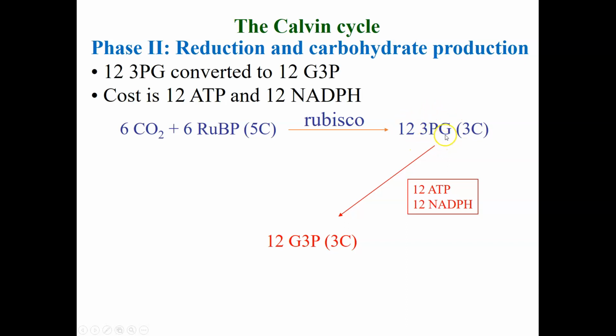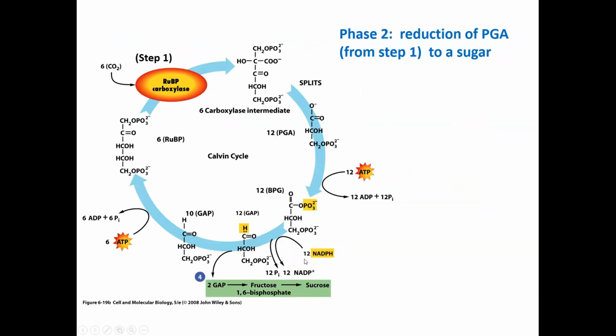These 3-carbon molecules, the phosphoglycerate, is just going to get rearranged, and we're going to be able to also add some hydrogens onto this molecule, taking those electrons from NADPH, which we made earlier in the thylakoids, and now we're going to be able to make glyceraldehyde 3-phosphate. And at this point we haven't lost any carbons. We had 12 3-carbon molecules here. We again still have 12 3-carbon molecules.